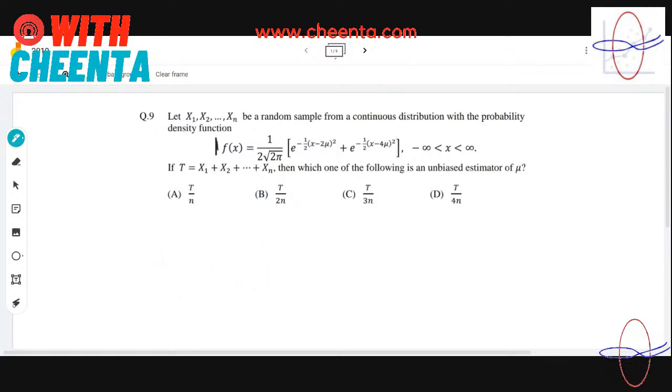So say f(x) is in the form of 1 by root 2 pi sigma, right? So you can understand from here that sigma is equal to 2. If it's a normal random variable, sigma is equal to 2.